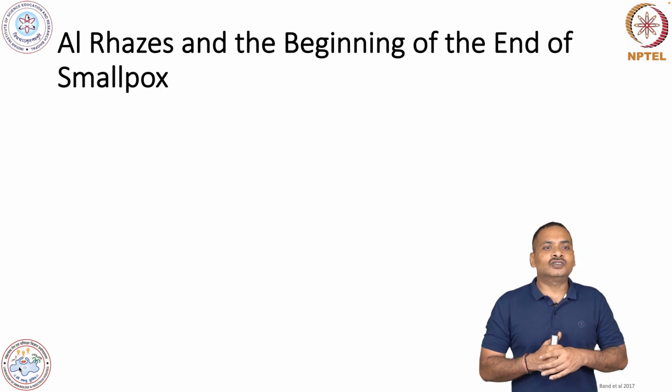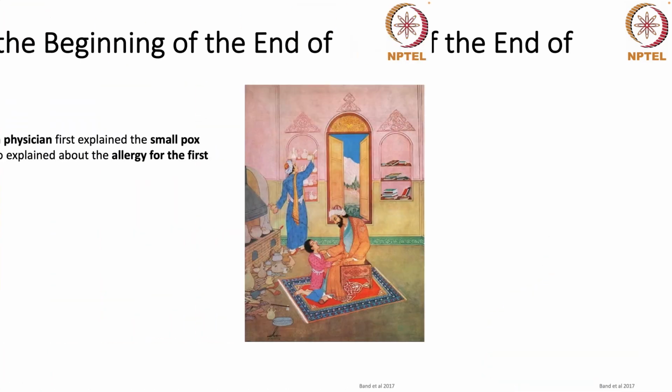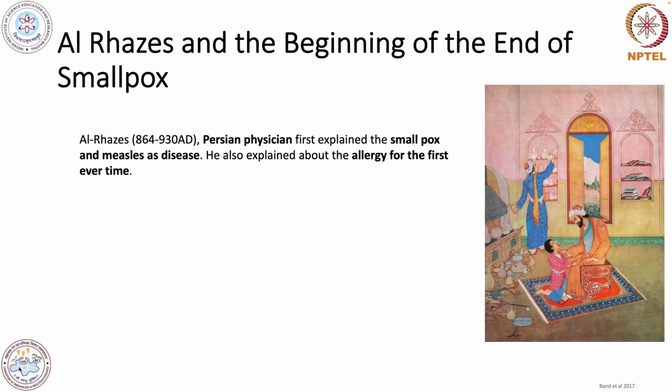After the work of Al-Razi, a Persian physician, who first explained smallpox and measles as a disease, it is a disease, not some kind of curse. He also explained allergy for the first time ever.